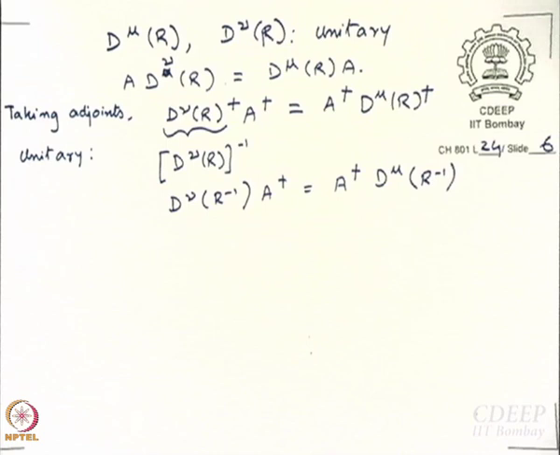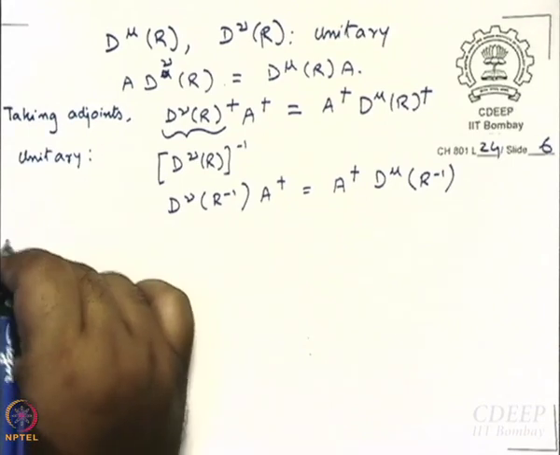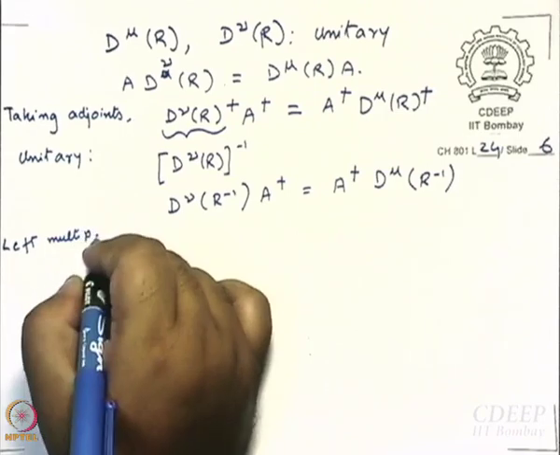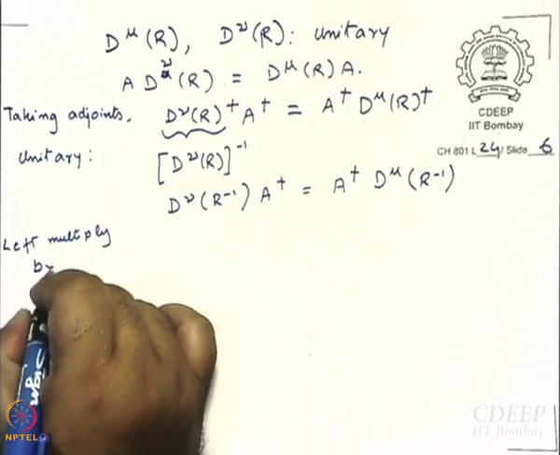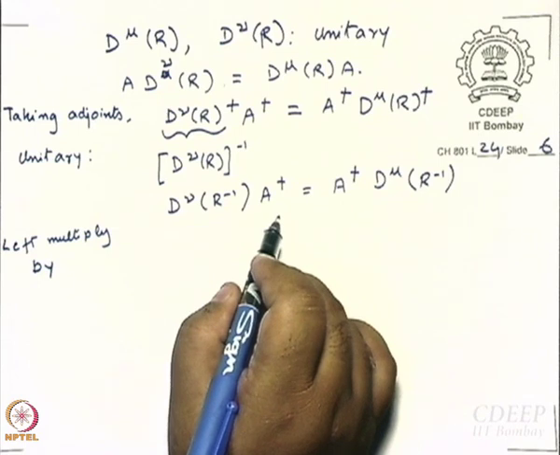And then I want some kind of a similarity transformation. For that I can either right multiply or left multiply. I choose to left multiply, so that I am going to do a similarity transformation of the left hand side. So, what should I left multiply by, so that this left hand side becomes a similarity transformation? A, B, X, C, D, P, Q, what?